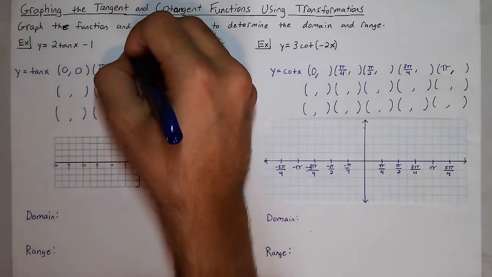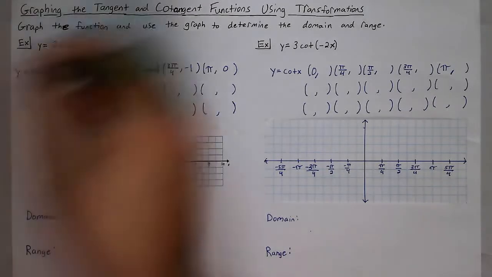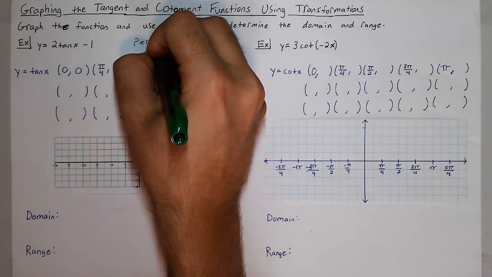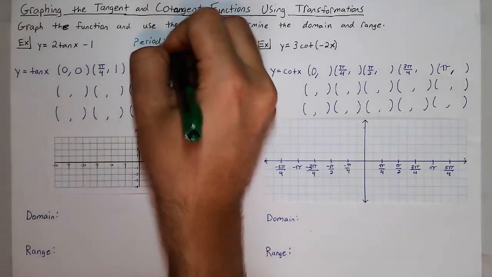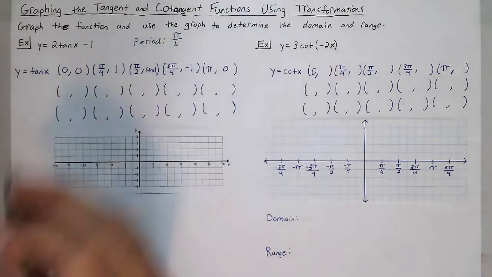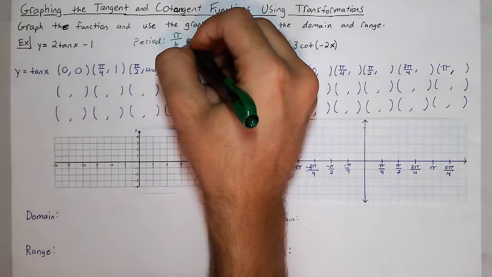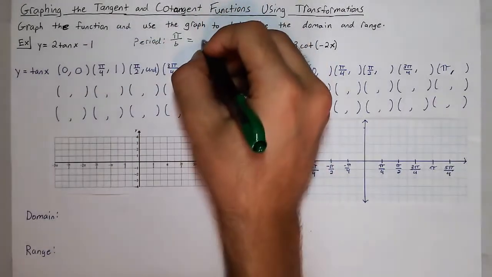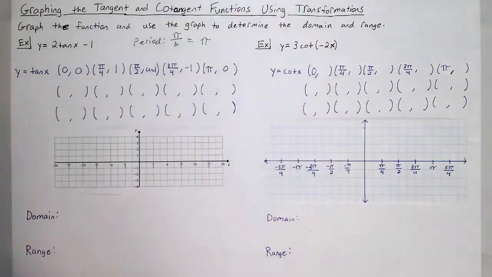So when I go to calculate its period, I won't use 2 pi over b. I'll just use pi over b. But you'll see here that b is 1, or an understood 1 in front of that x. So my period remains the same. It's just pi.